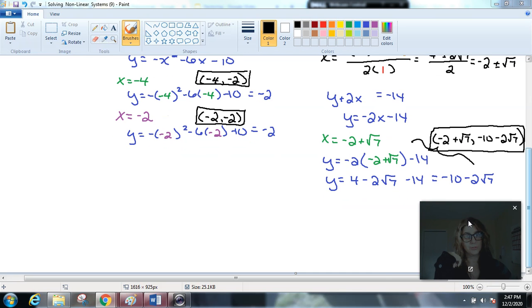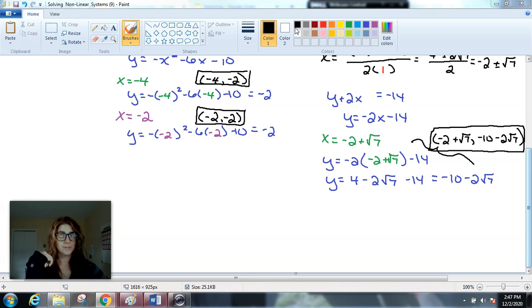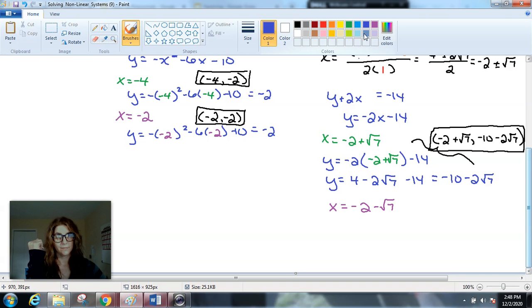Then we're going to do the exact same thing, but with the subtraction. So when x equals -2 minus square root of 7. Okay, now what you should have picked up on is you're just going to be changing signs here.